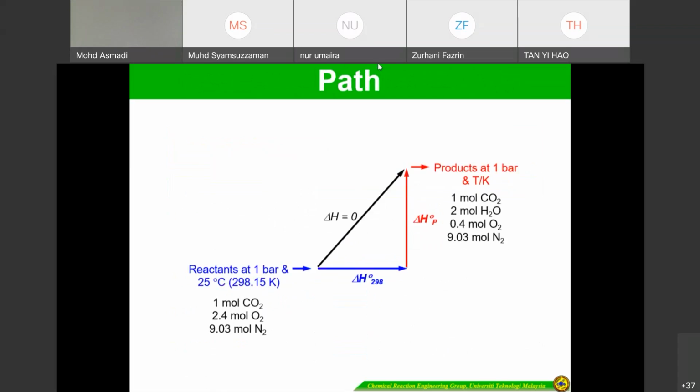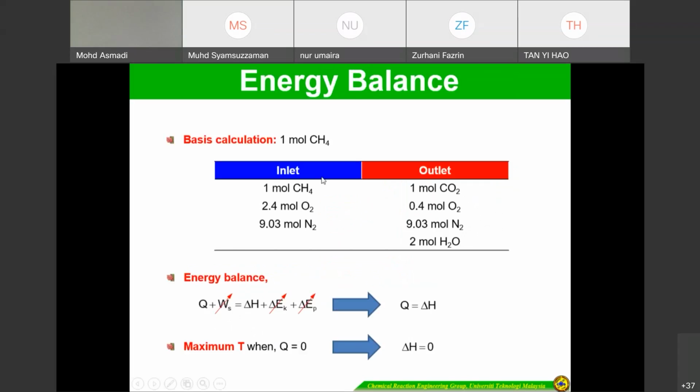So you enter at 25, bring it to the final condition, and bring it to the final temperature. We consider delta H equal to 0. Everything, when you want to find the final temperature, we have to consider delta H equal to 0 as a total. So we have to calculate the basis of the calculation, 1 mole of CH4.